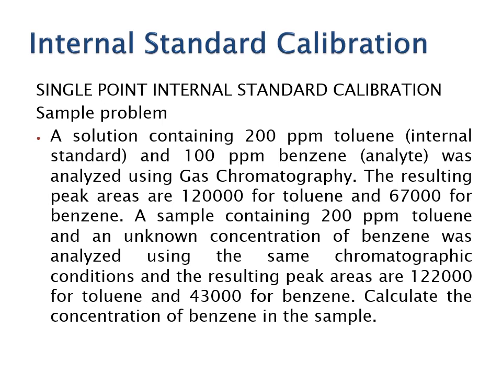A sample containing 200 ppm toluene and an unknown concentration of benzene was analyzed using the same chromatographic conditions. And the resulting peak areas are 122,000 for toluene and 43,000 for benzene. Calculate the concentration of benzene in the sample.